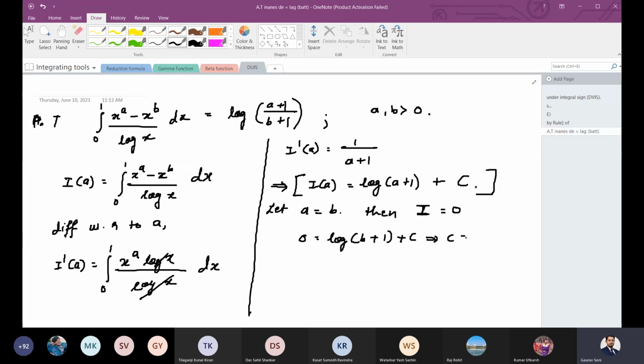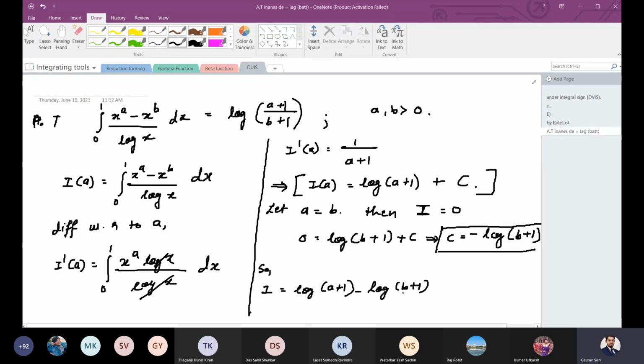So c is equal to minus log of b plus 1. If we substitute this, I is equal to log of a plus 1 minus log of b plus 1. So I will be equal to log of a plus 1 upon b plus 1. Right?